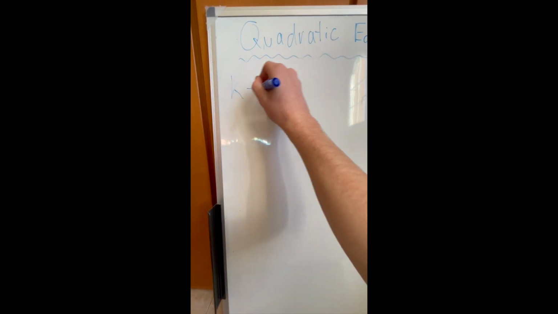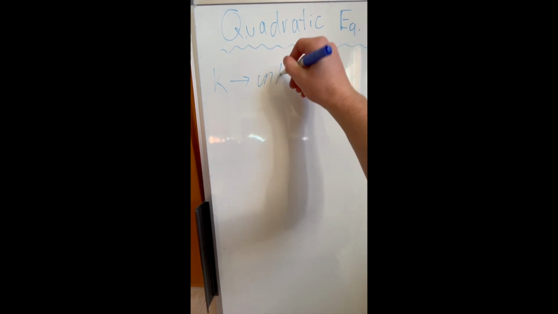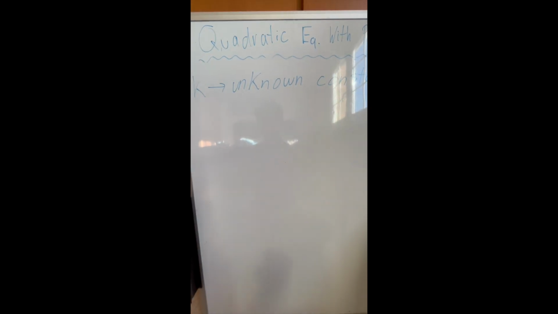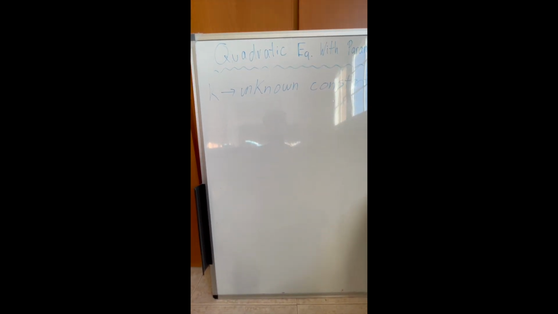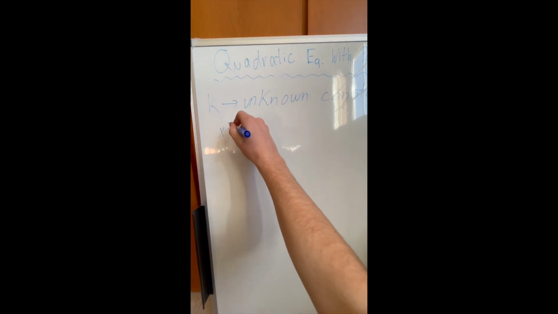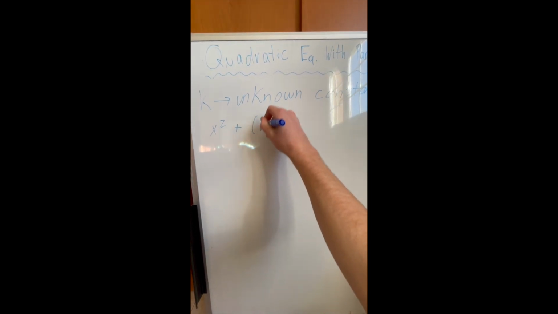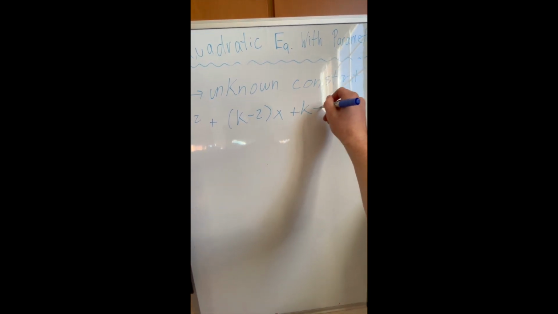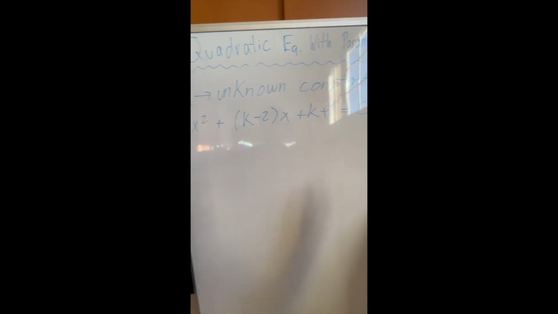Last video, we mentioned that k is our unknown constant. Let's apply this to an example. The example is x squared plus (k minus 2)x plus (k plus 1) equals 0.